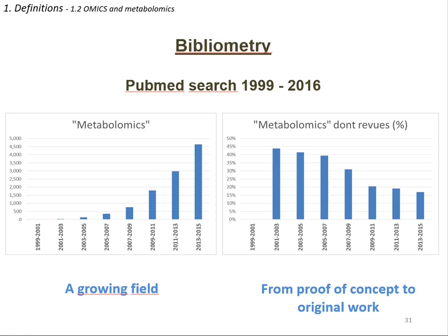And now it's only about 15% because most papers mentioning metabolomics are original research, just using metabolomics. So metabolomics has become more widespread, is used in many fields, and you don't have to explain so much now what it is and what it does.